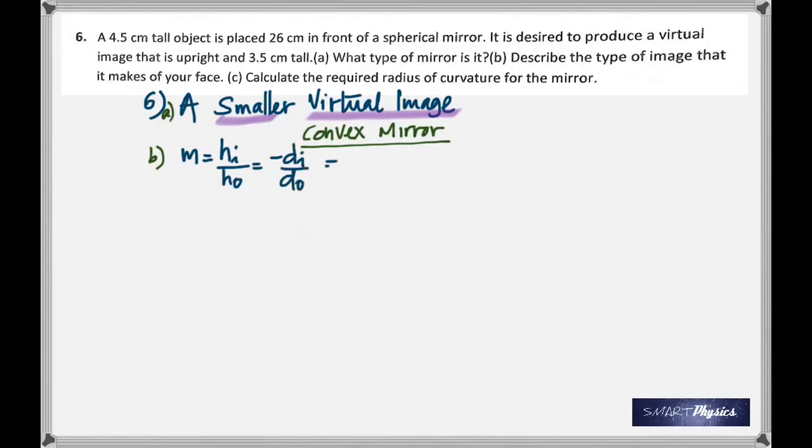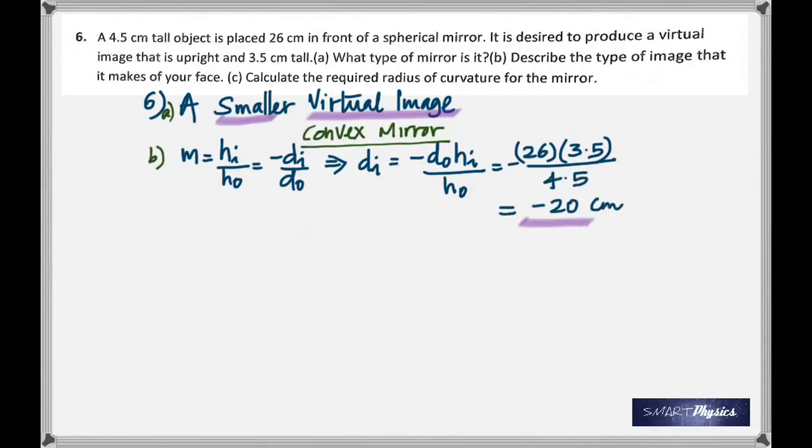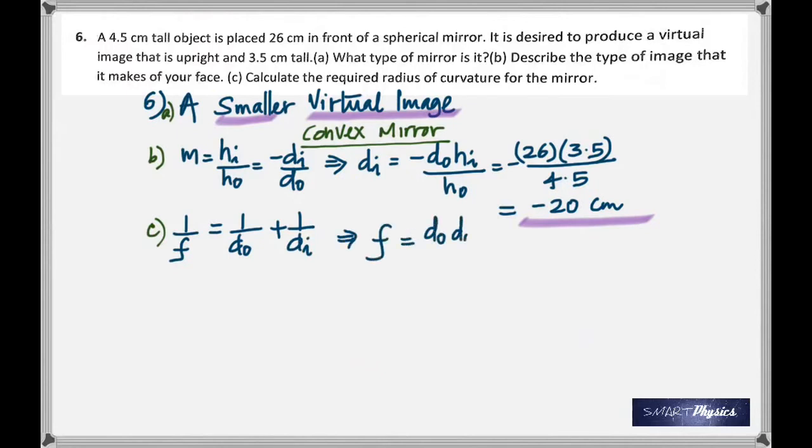And to find the radius of curvature, use the formula for magnification, find DI, and then the lens equation.